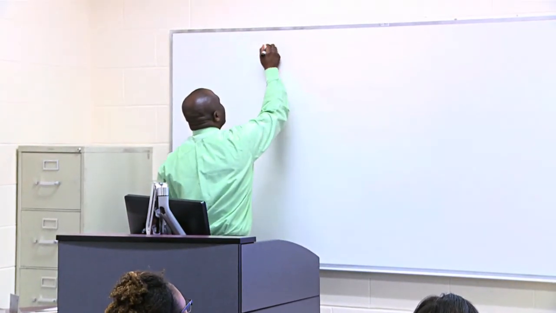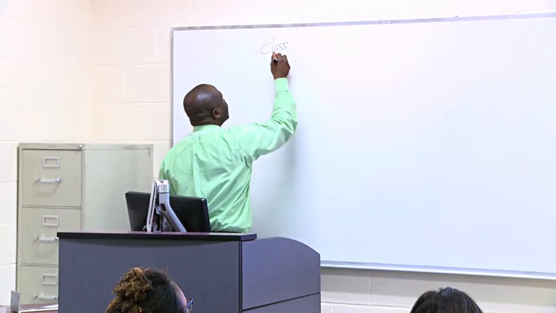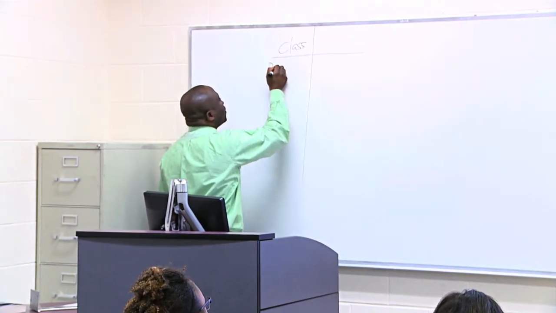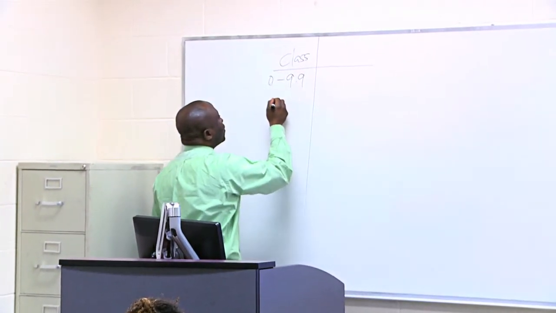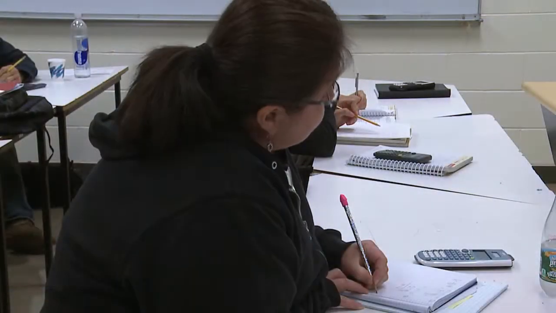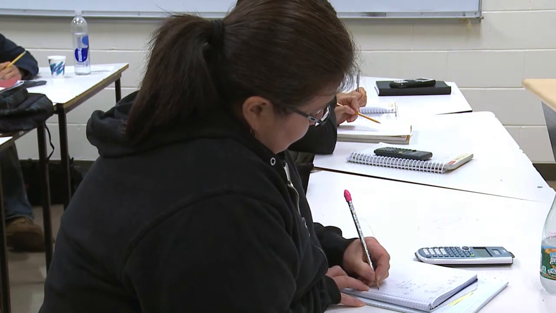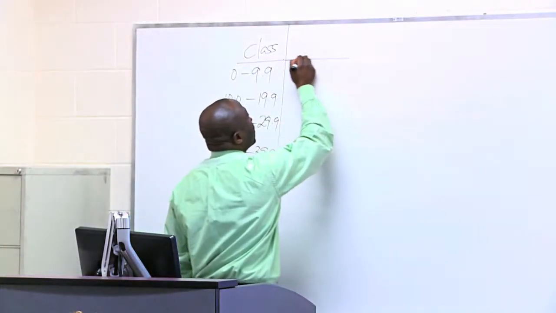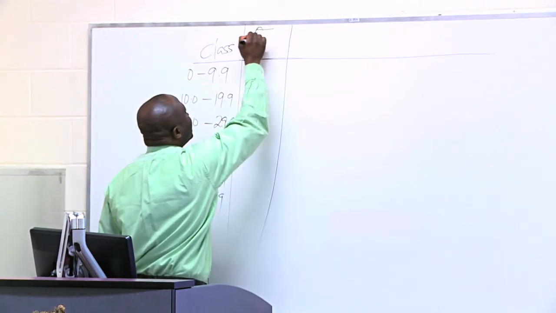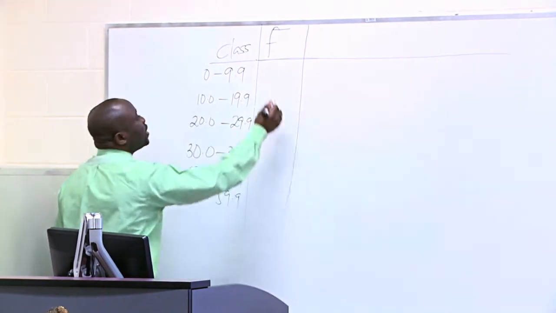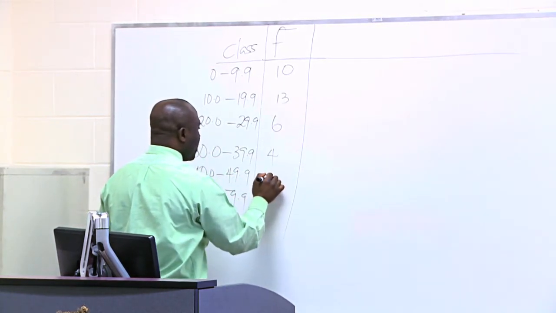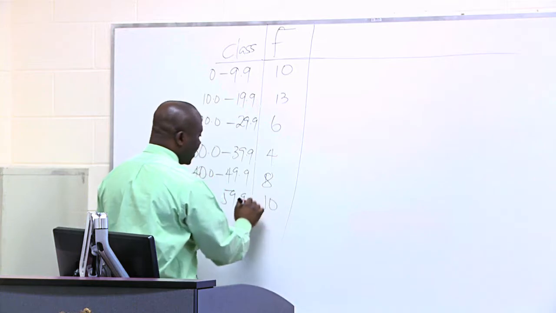So assuming that I give you this, class, together with their frequencies. Let's say this is 10, 13, 6, 4, 8, and 10.